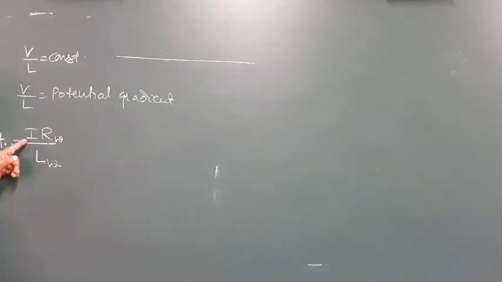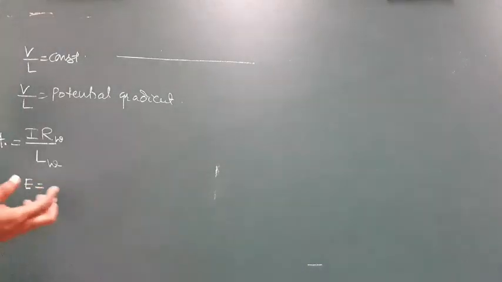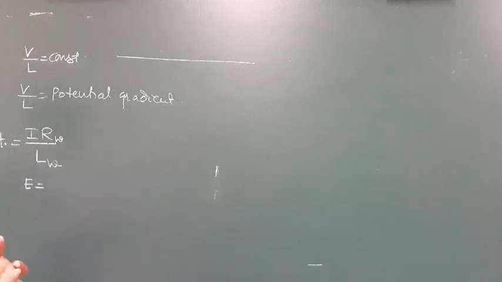Now how do you find the value of I? If I is directly given, then it is not difficult. But if I is not given, then current is released from one source of electricity, either a cell or a battery.